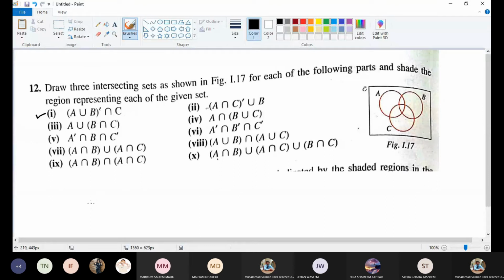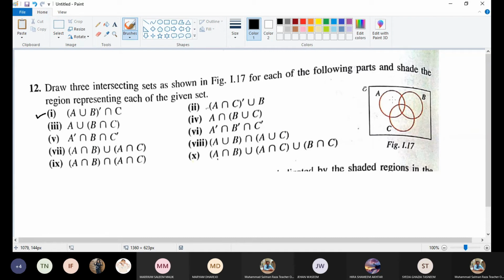The very first thing when you are solving these type of questions, and I'm going to highlight it a little, is that when you get these shapes or diagrams, fill them with some random numbers.